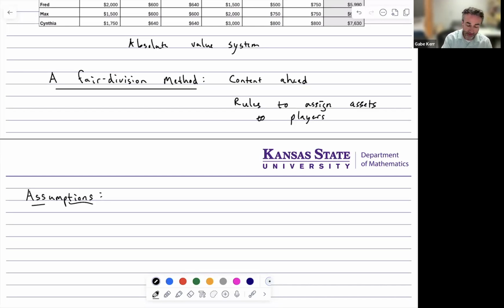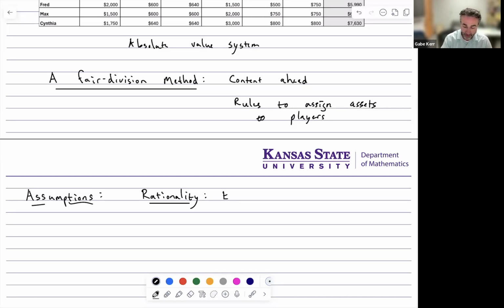So the first assumption is this rationality assumption. This is maybe not the most practical one, especially in certain cases where you're dividing up assets. But this is saying that every player will try to get as much as they can for themselves, but they will do this using reason within the fair division method that they're dealing with.